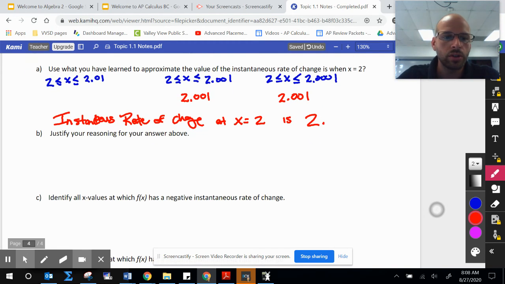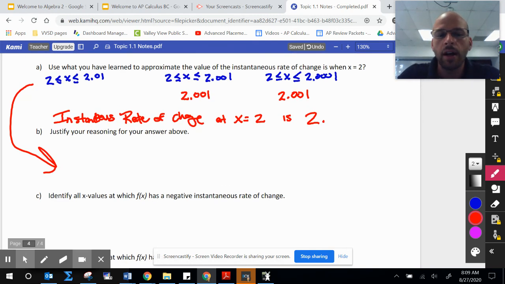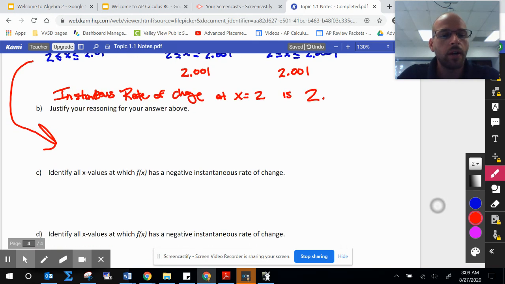It's going to get closer and closer to the value 2. Now, your justification is showing the work. If you show the work showing that it gets progressively closer, getting closer to 2, that is enough to justify your answer mathematically, okay? And that's very, very important, okay?